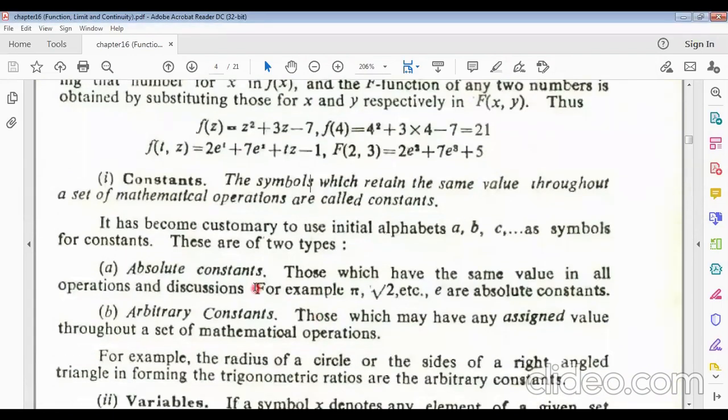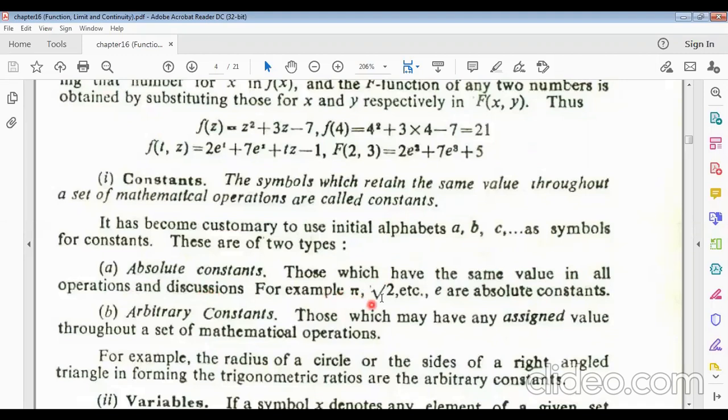So there are two types of constant, absolute constant and arbitrary constant, and this is a very important definition for you. One is absolute constants, those which have the same value in all operations and discussions.